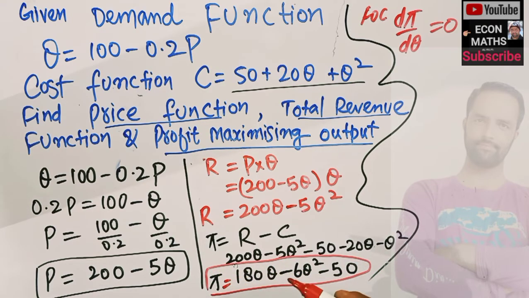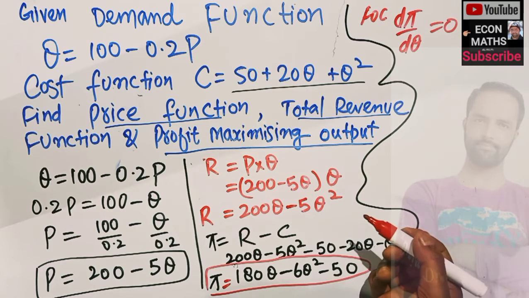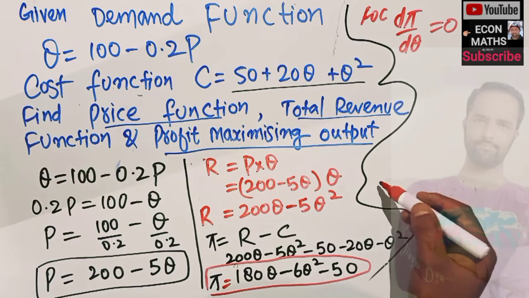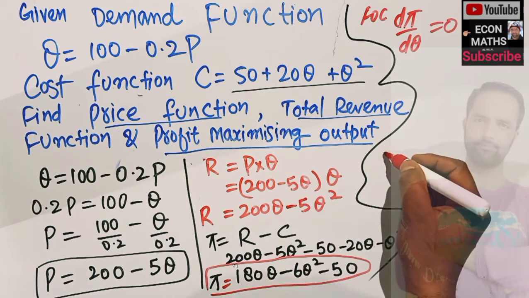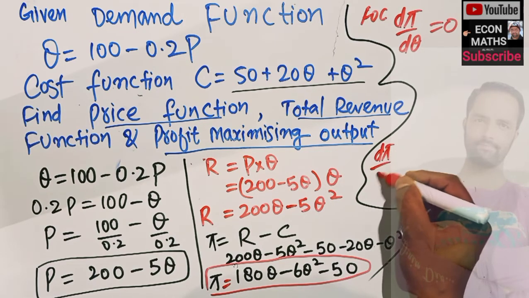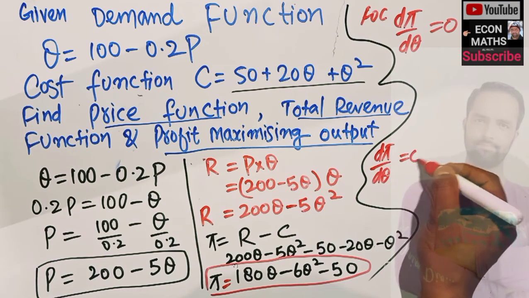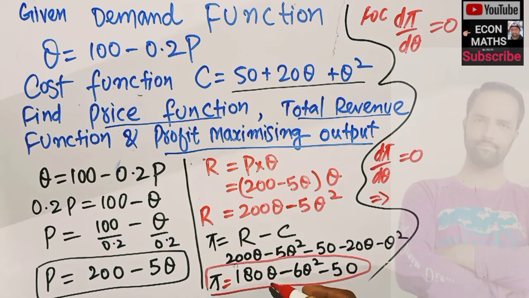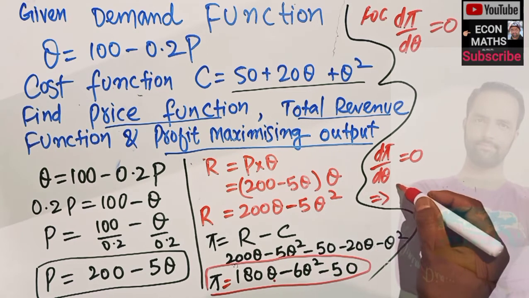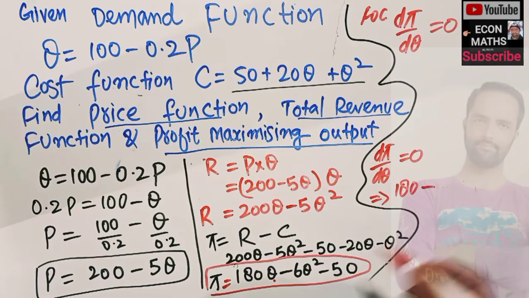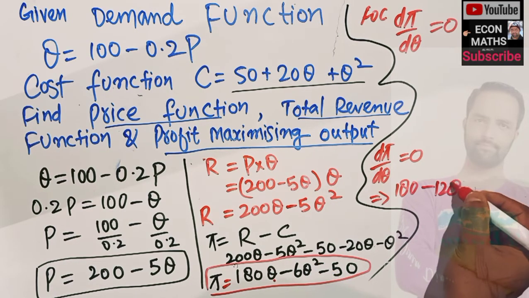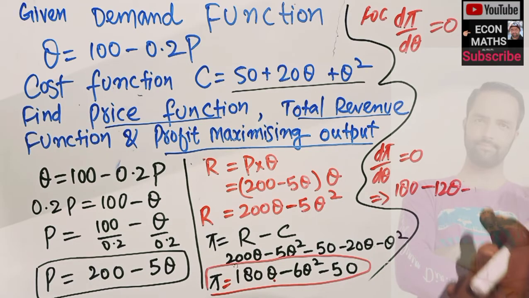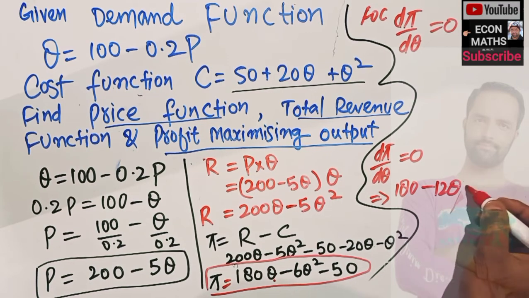So d pi upon dq is equal to 0 implies taking the derivative of this function with respect to Q. The derivative of Q is 1, so we are left with 180 minus the derivative of Q square, which is 2Q, so 2 sixes are 12Q, minus the derivative of a constant, which is 0, so it will be equal to 0.